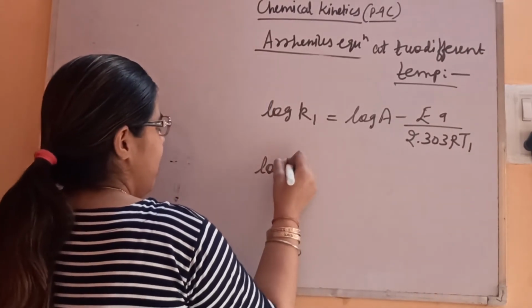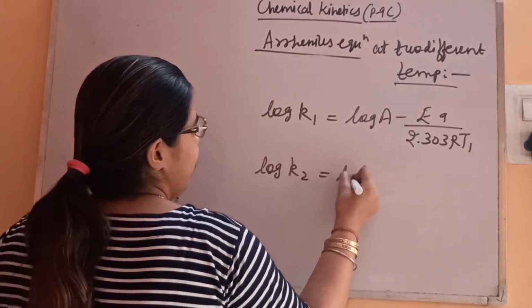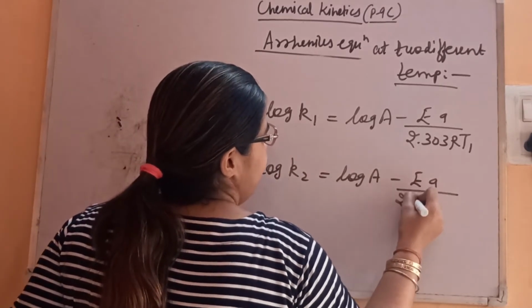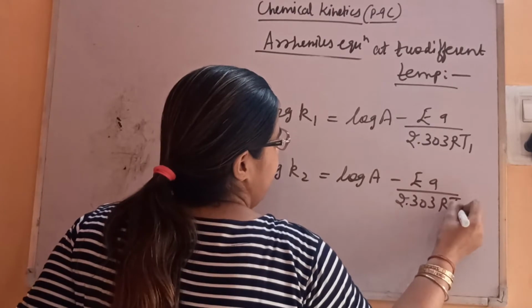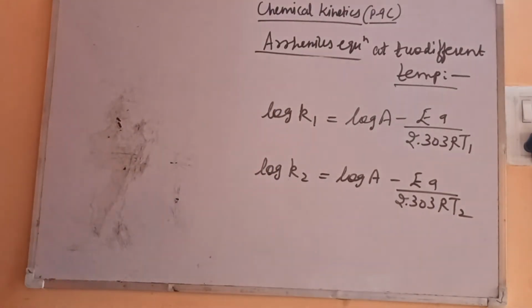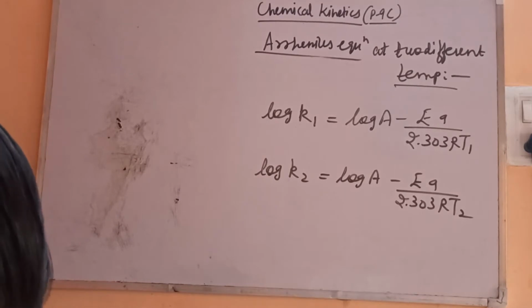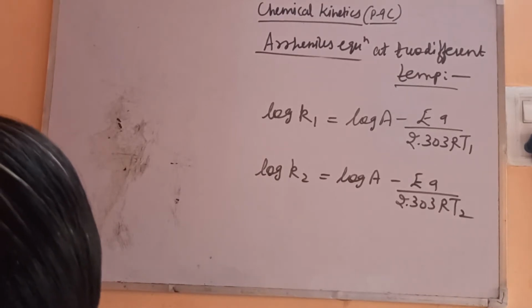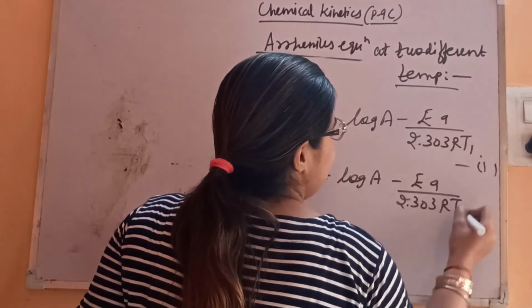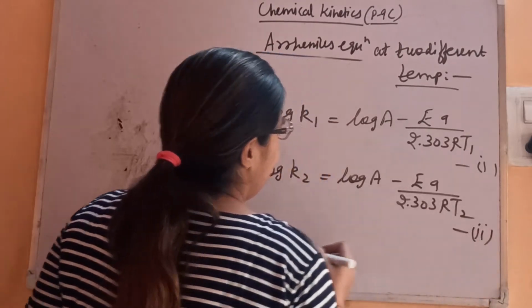Then for the different temperature, let's say T2, it will be K2: log K2 is equal to log A minus EA upon 2.303 RT2. Fine. Then you have to subtract the first equation from the second.